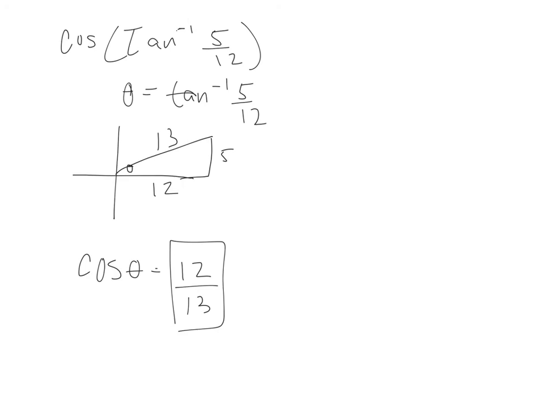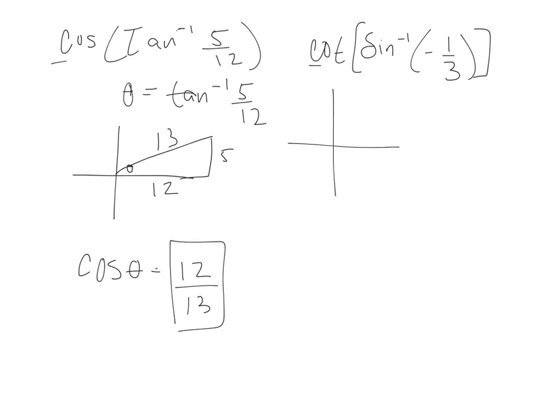And so let's try another one. So let's do the cotangent of the inverse sine of -1/3. I'm sorry, these should all be capital. I'm just failing at that epically. So let's plot this, and just remember that for sine graphs, you only get to use this part of the coordinate system.